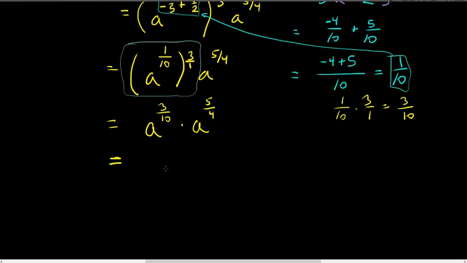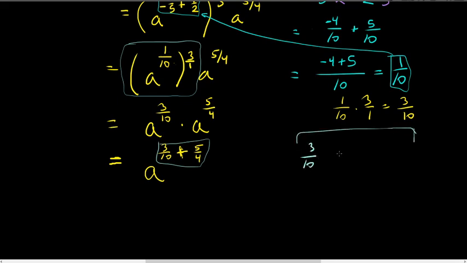So here we're going to add the exponents: 3 over 10 plus 5 over 4. Now, again, the denominators do not match. So how can we add these fractions? Let's do that over here. So 3 over 10 plus 5 over 4.